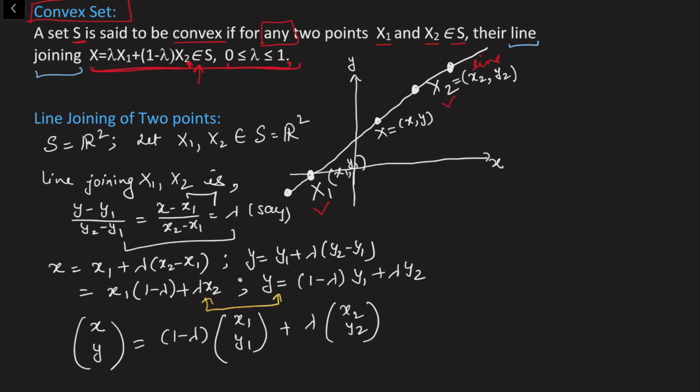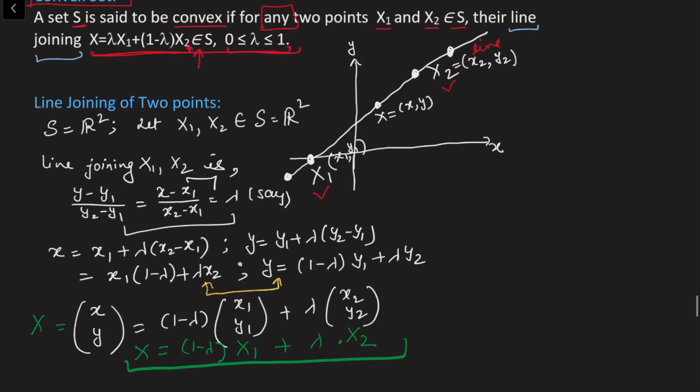We can see that this is the capital X1 point, this is the capital X2 point, and 1 minus lambda times X1 plus lambda times X2 is any new point capital X. So capital X can be written as 1 minus lambda times X1 plus lambda times X2.